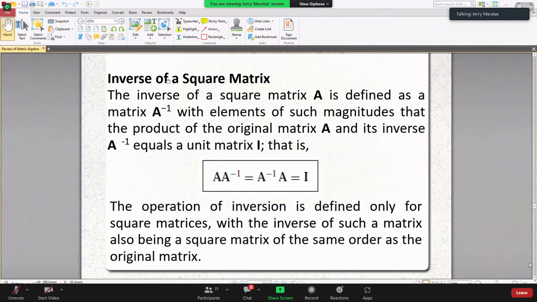That's one requirement, okay? You cannot do an inversion to a rectangular matrix, no? Okay, it must be a square matrix. Meaning the same number of rows must be equal to the number of columns, or vice versa.